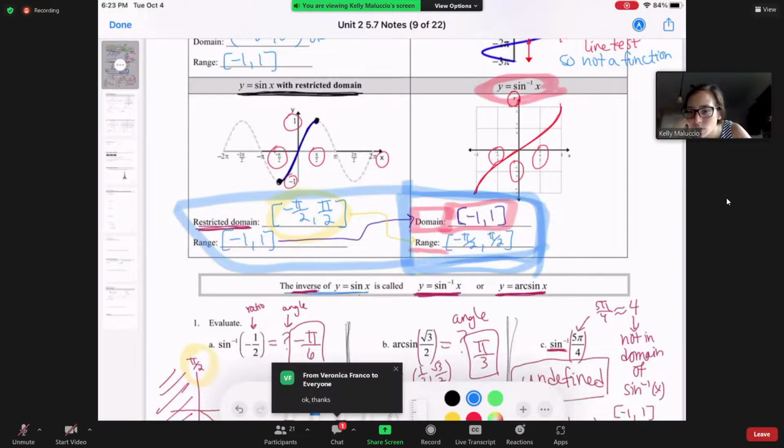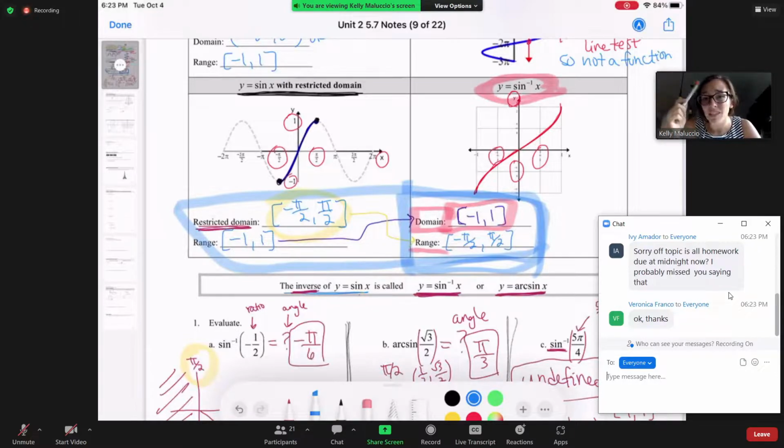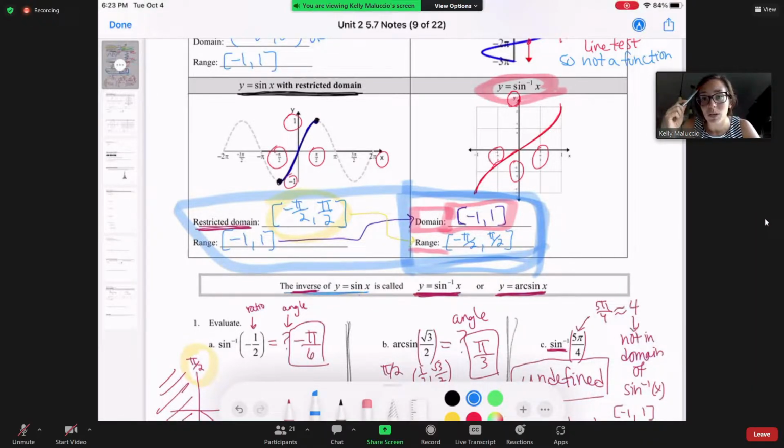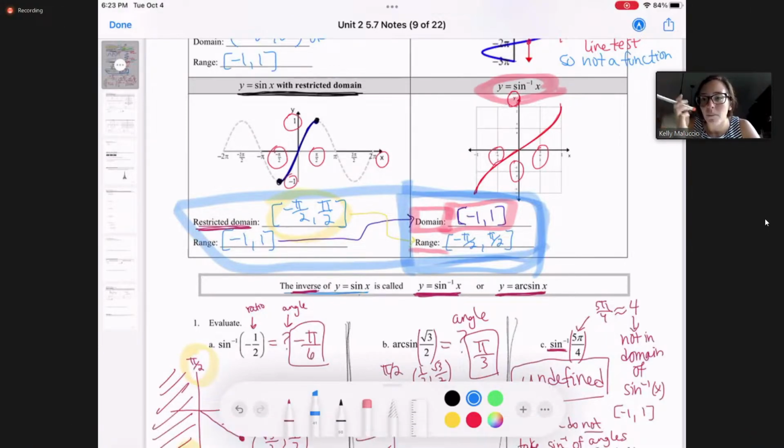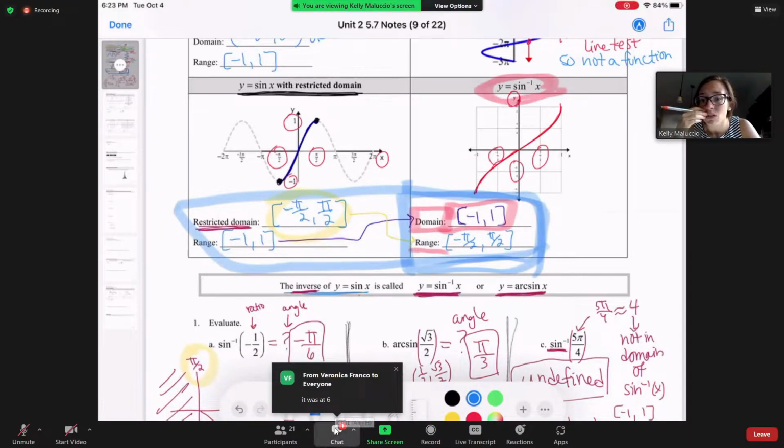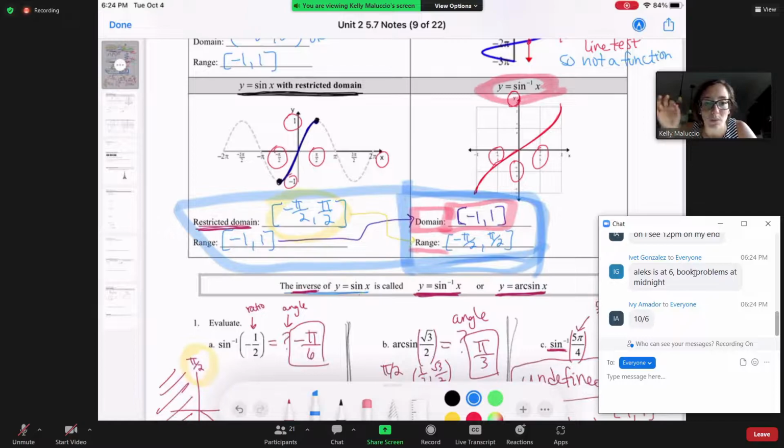Sorry, off topic. Is all homework due at midnight now? Did I extend the homework? I have no idea, honestly. I've changed so many homework assignments for both my classes. Does anyone know what time the homework is due? Oh, it was at 6. Okay, sorry. I can extend it. All 3 of them were probably due at 6, right? Oh, you see 12 p.m. Okay. In Alex, they were due at 6, but the book problems I made due at midnight.